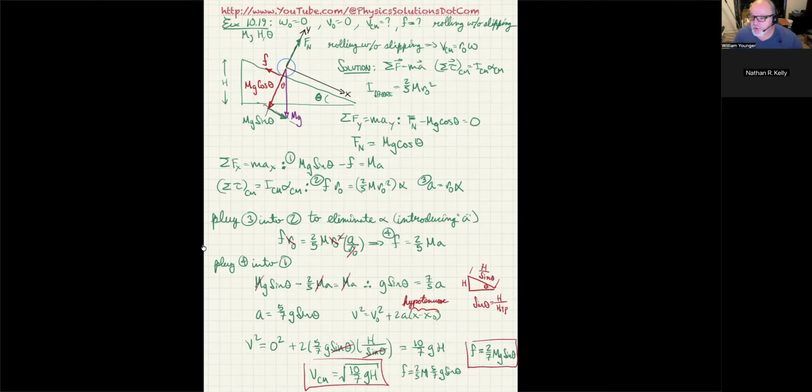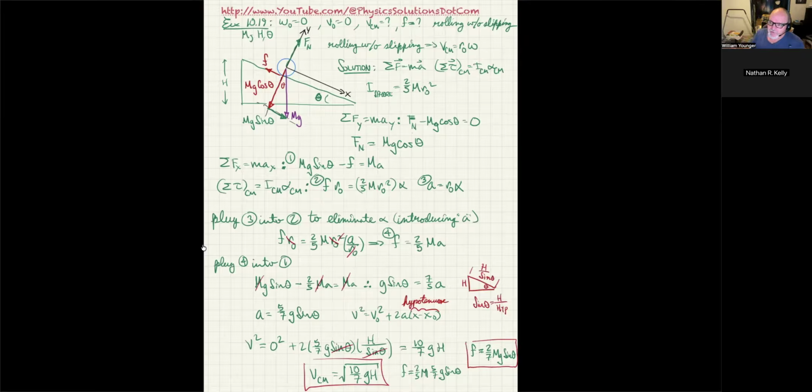Now, you could go about finding the coefficient of friction. But remember, the way static friction works, it only supplies enough mu to keep the thing from moving, up to some maximum value. We have no idea whether this is at the borderline of breaking static friction loose or not.